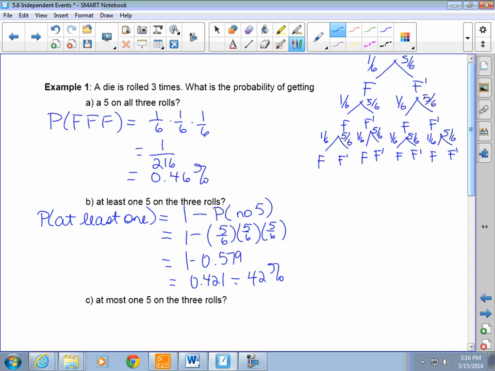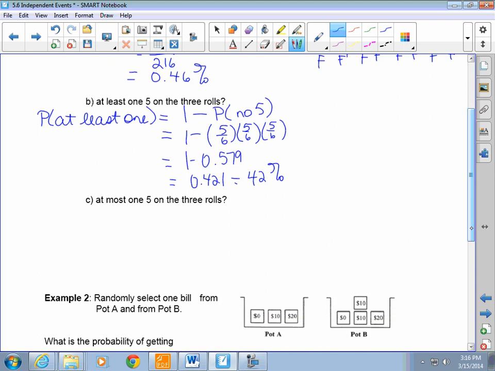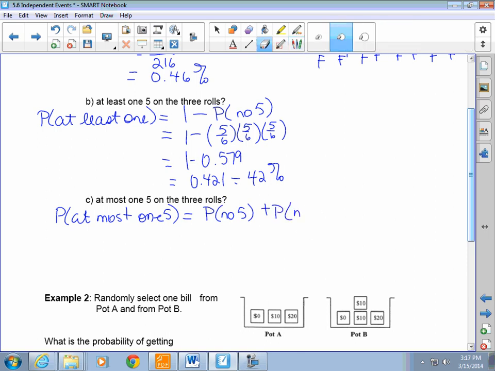So the C part says, what is the probability of at most you have one 5 on these 3 rolls? So that means you have 2 things. You're either going to have no 5s or one 5. So that "or" means I'm going to add them. So the probability of at most one 5 happening is the probability of getting no 5s or the probability of getting just that one 5.